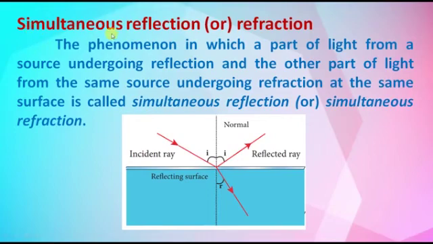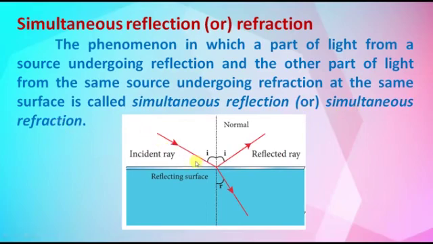Next we are going to see simultaneous reflection or refraction. In any refracting surface there will also be some reflection taking place. Thus the intensity of the refracted light will be less than the incident light. The phenomenon in which part of the light from a source undergoes reflection and another part of the light from the same source undergoes refraction at the same surface is called simultaneous reflection and refraction.